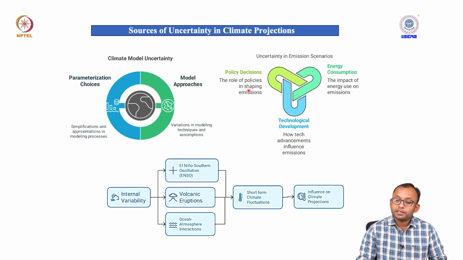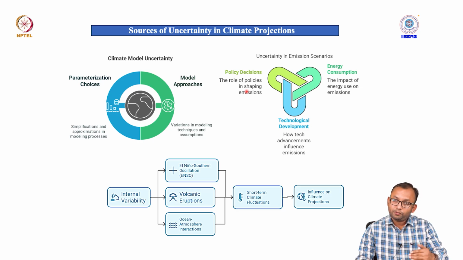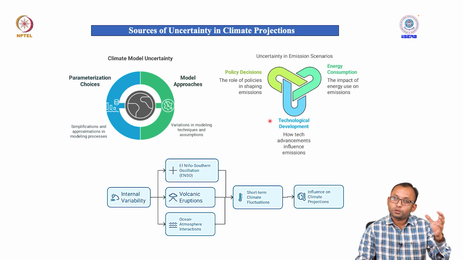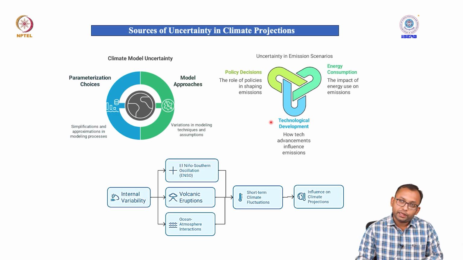What is the role of policy in shaping the emissions? So, which way we will move in the future depends upon the policy decisions. Technological advancement: whether we are removing those old techniques which are creating more GHG emission with newer techniques or renewable energy sources, or those technologies which can mitigate the harmful effects caused by GHG emissions.